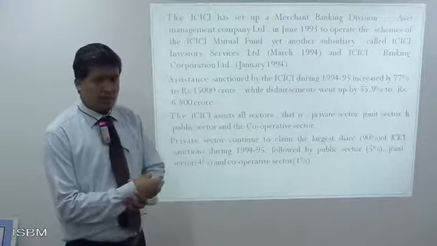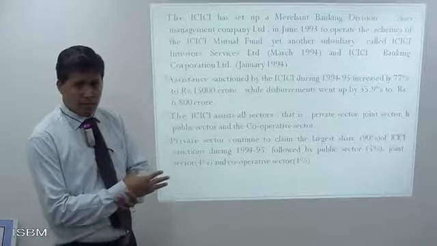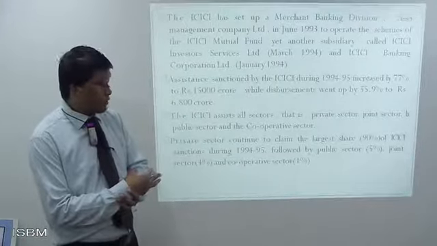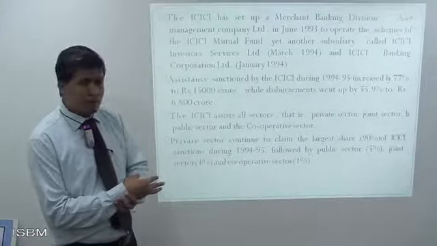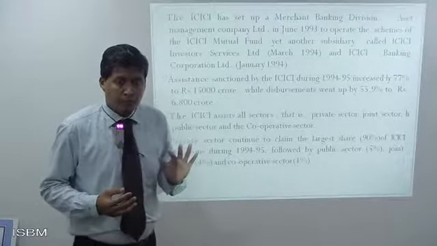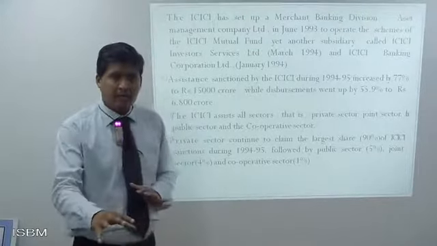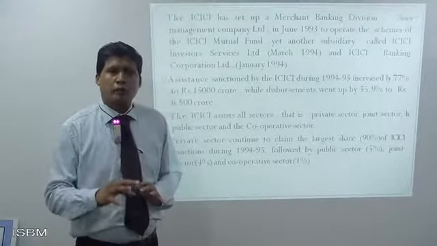Assistance sanctioned by ICICI during 94-95 increased by 77% to rupees 1,500,000 crores, while disbursements were made to rupees 6,008 crores.